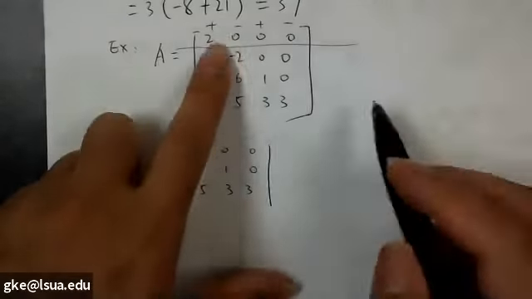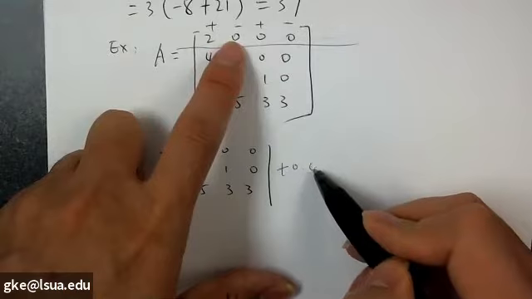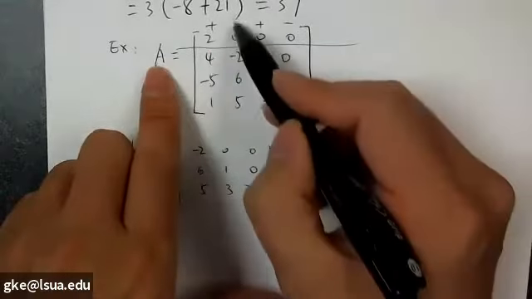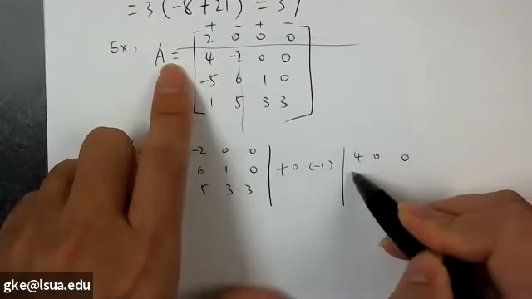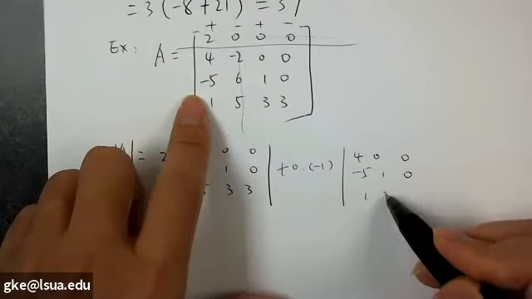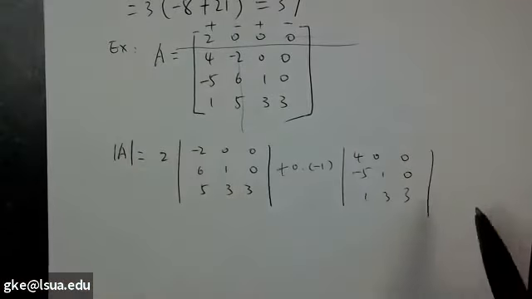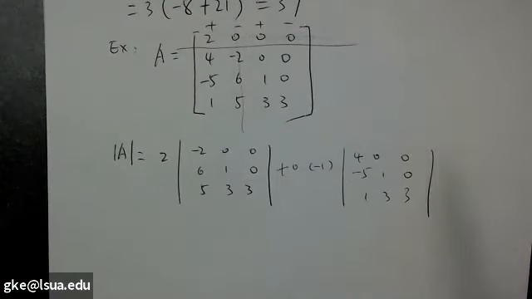Of course, you can write down the 0 here, right? 0 times -1, blah, blah, blah, and we're going to get 4, 0, 0, 5, 1, 0, 1, 3, 3. However, you already noticed that everything times 0 is going to give you a 0, right?